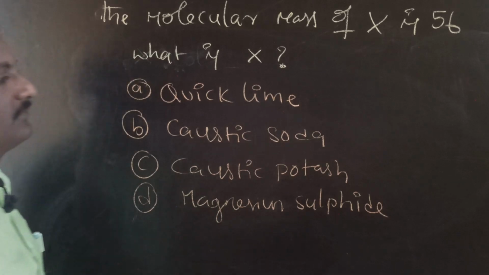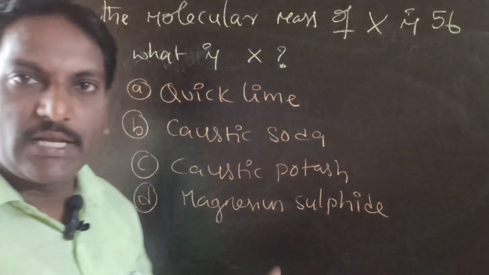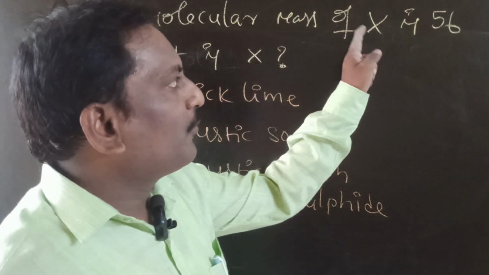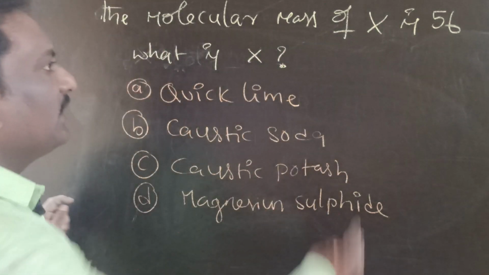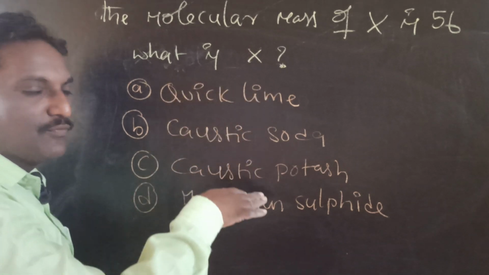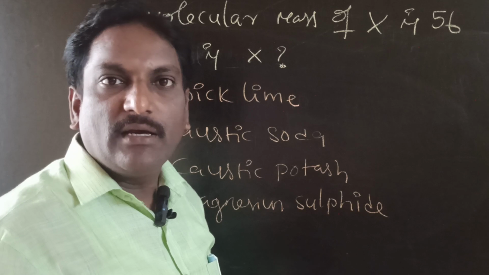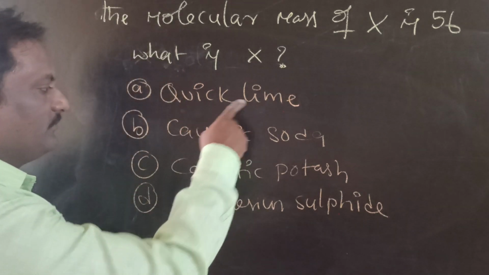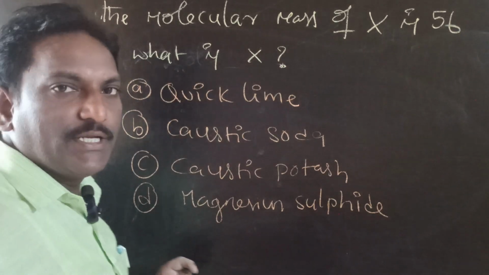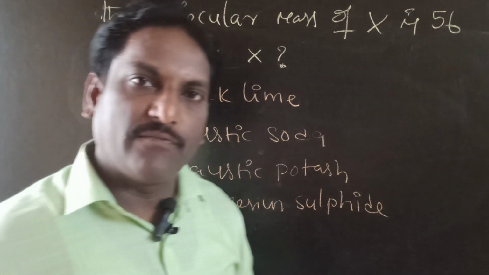So please try yourself. The molecular mass of compound X is 56. Then X could be from this one, or pick out X from this one, or which one of the following will be X. So slaked lime, caustic soda, caustic potash, and magnesium sulfide.